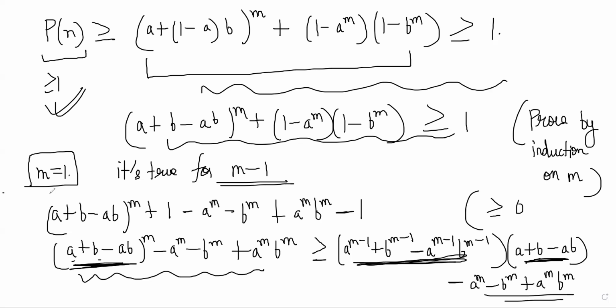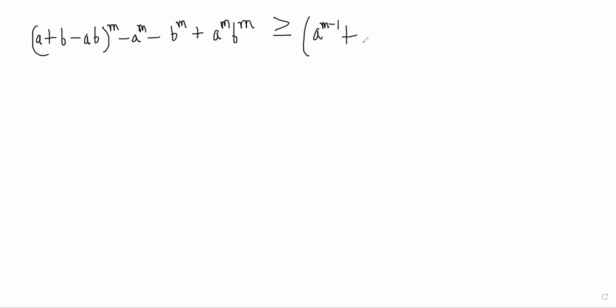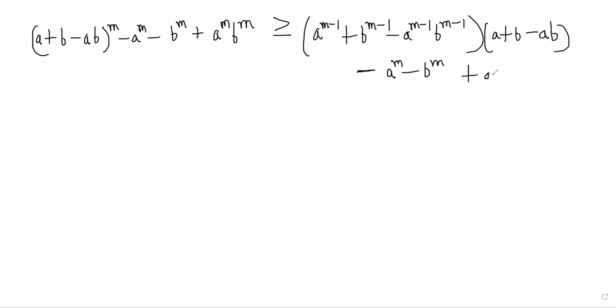So we are getting (a + b - ab)^m - a^m - b^m + a^m b^m is greater than or equal to (a^(m-1) + b^(m-1) - a^(m-1) b^(m-1)) multiplied by (a + b - ab), minus a^m - b^m + a^m b^m. This is what I've done. I've used the induction statement for P of m minus 1 here, right?